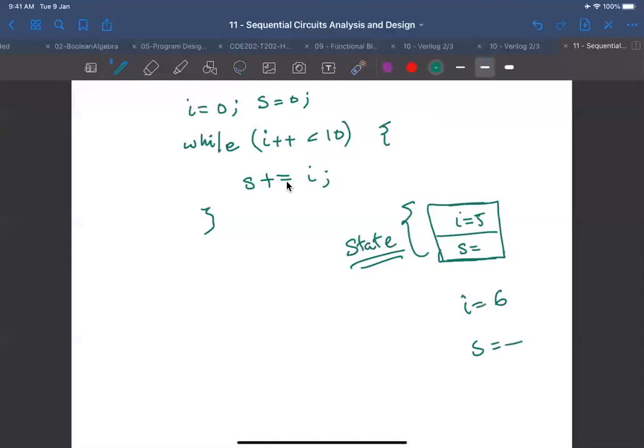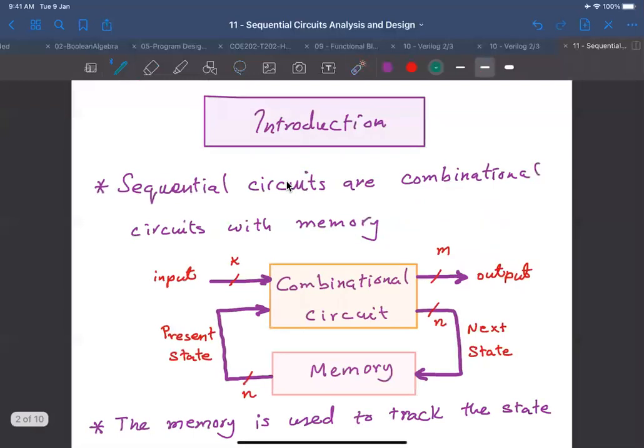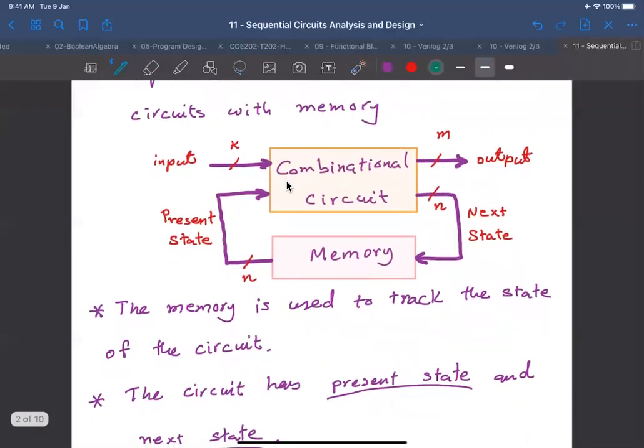So this is the next state. We are computing the next state that will be stored in the memory, and the present state is already stored in the memory. The next state will overwrite the current present state.